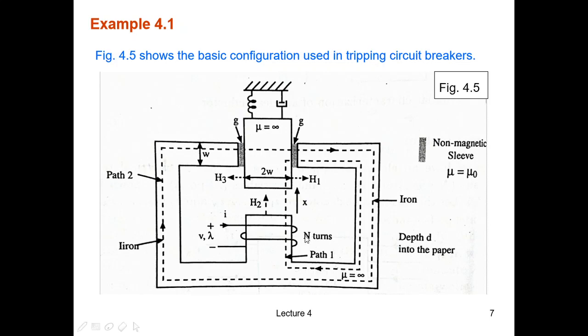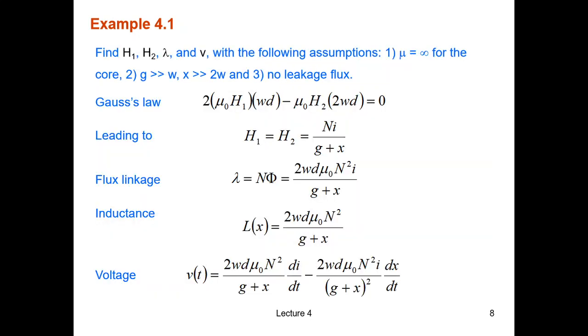Okay, so we have a coil here with N turns. In this structure, we can identify two paths: path 1 here and path 2 here. In the live stream, I'll explain in more detail, but here you can see that we apply Gauss's law, so we can prove that H1 equals H2, and then we can calculate the flux linkage.